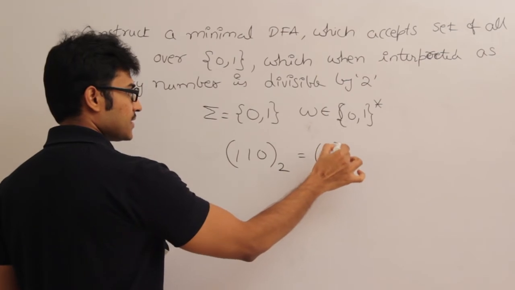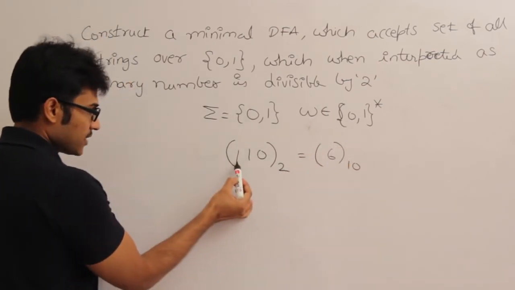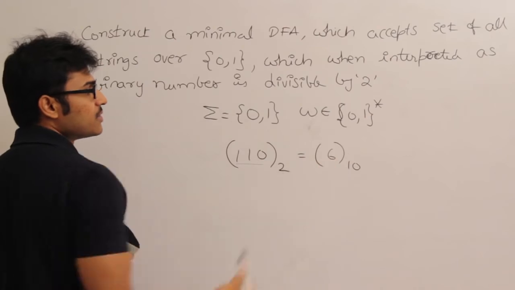Its value in decimal is 6, right? If I consider it as a binary number, that should be divisible by 2.